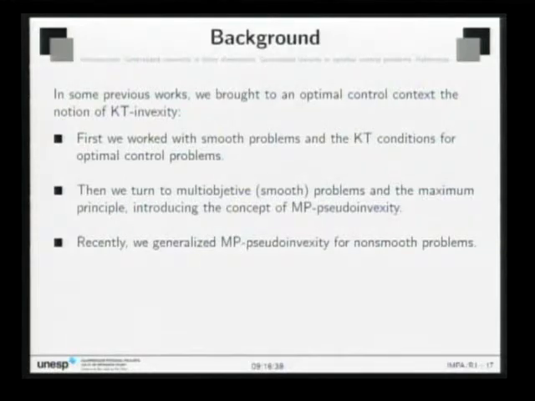Then Valerian did for multi-objective problems, and recently, of the conditions here we didn't call invex. We used this name MP sud invex, which, as we are going to show later, is not like invexity. It's something different. Okay, we call sud invex.